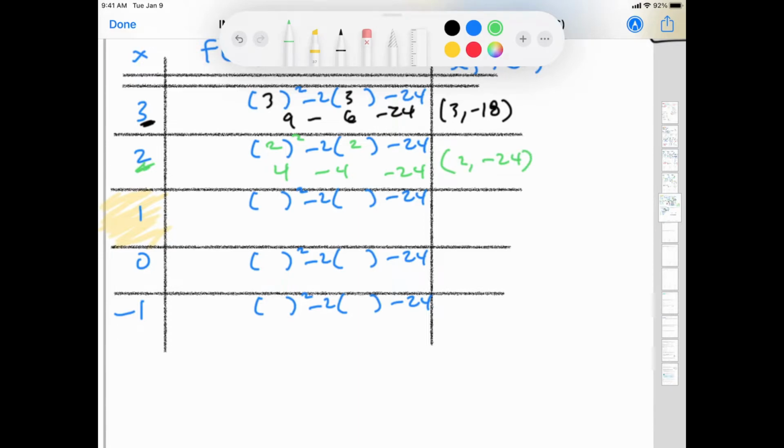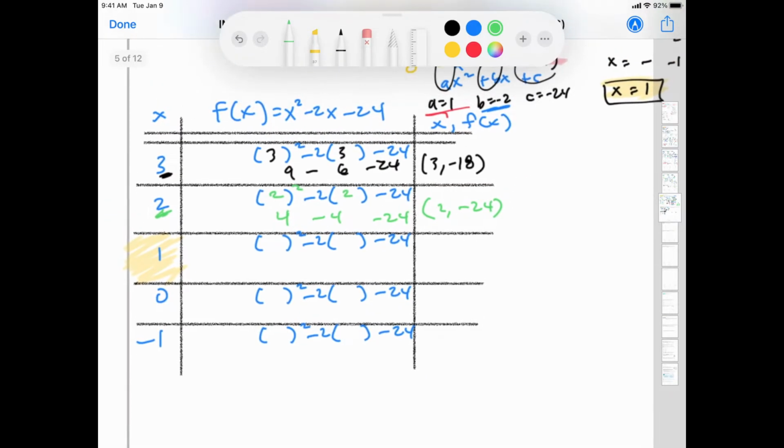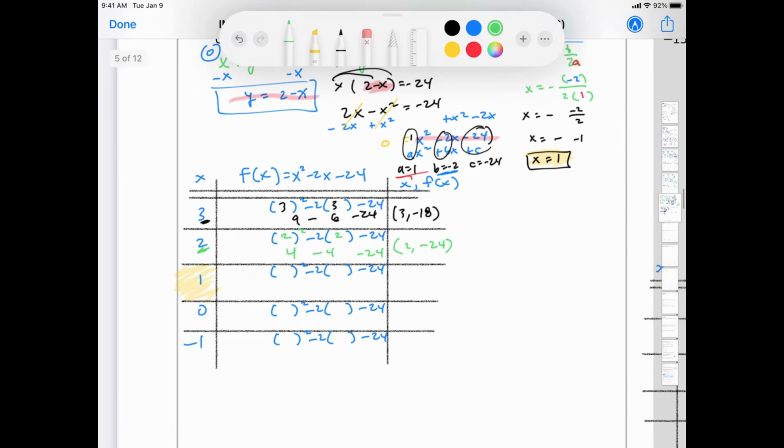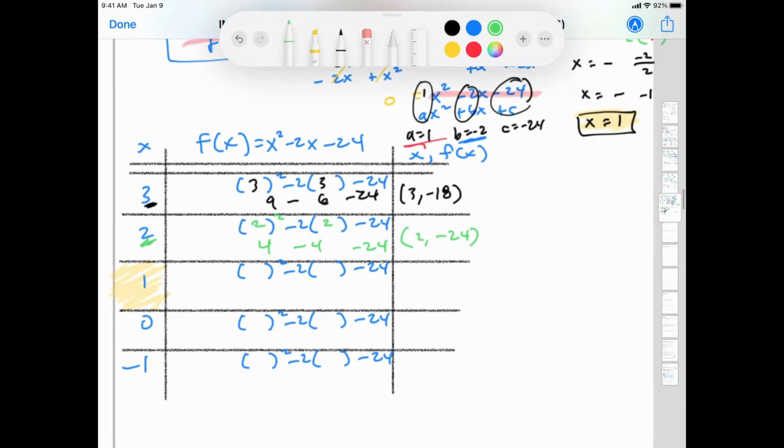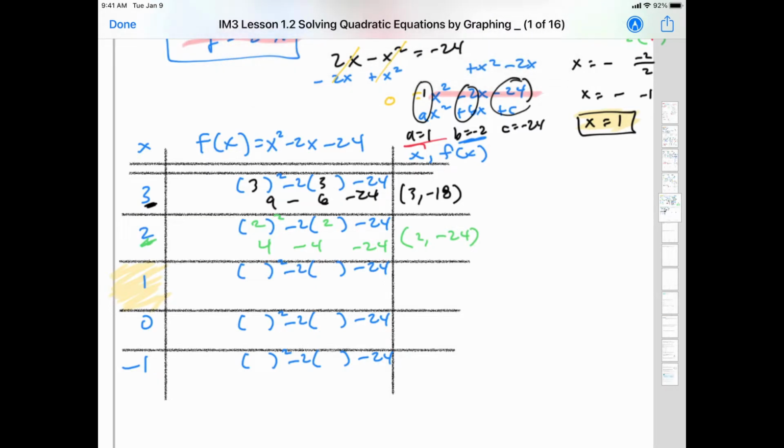Uh-oh. Not good numbers here. And I'm saying that because I just want those numbers to match. That's all. 9 minus 6 and 3. No. Okay. Let's try 1.